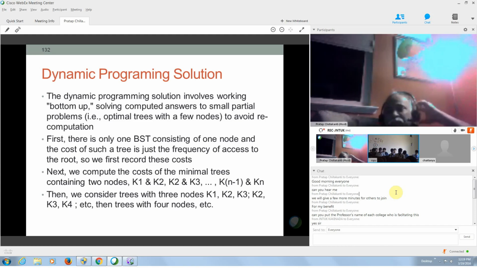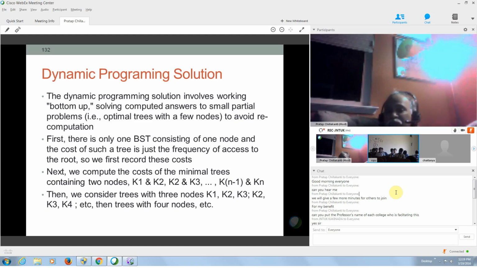So you create a search tree with one node, and the cost of that tree is the frequency of access to the root. We record those costs. Then you compute the cost of all the minimal trees, meaning you take K1 and K2, and then K2 and K3. You're doing pairs.